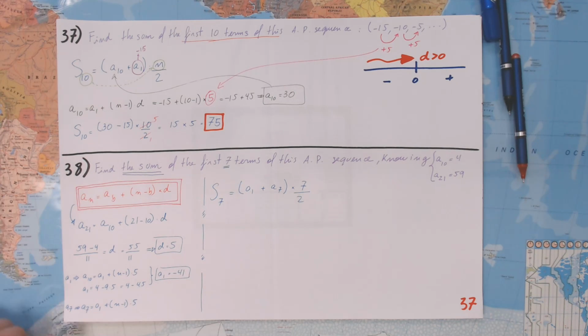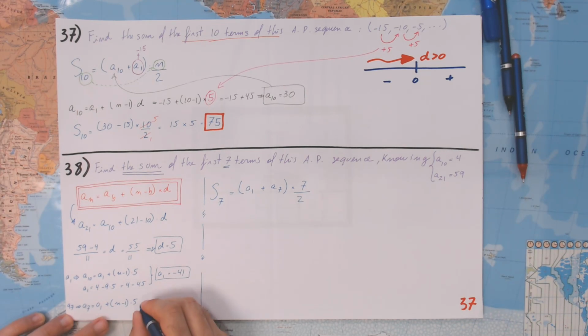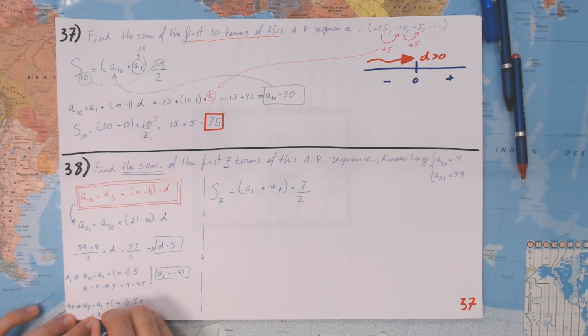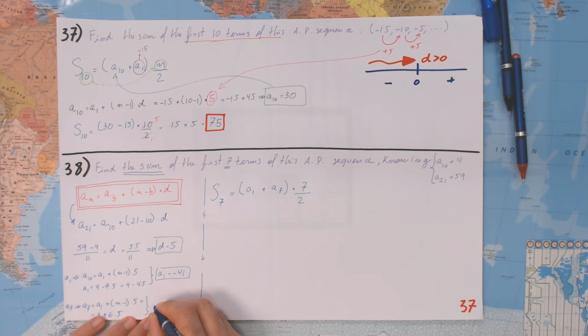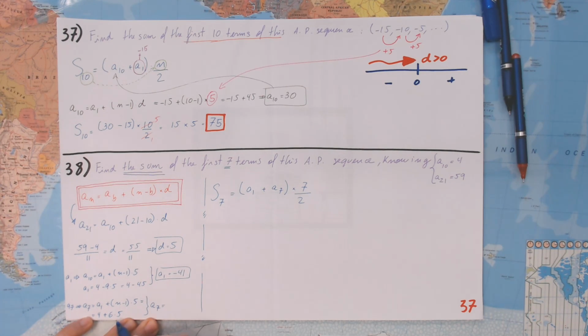Let's do it in the same fashion. What is A1? We know it's 4, plus n minus 1. N now is 7. 7 minus 1 is 6, times 5. So what is A7? A7 is going to be 30. Is that correct?